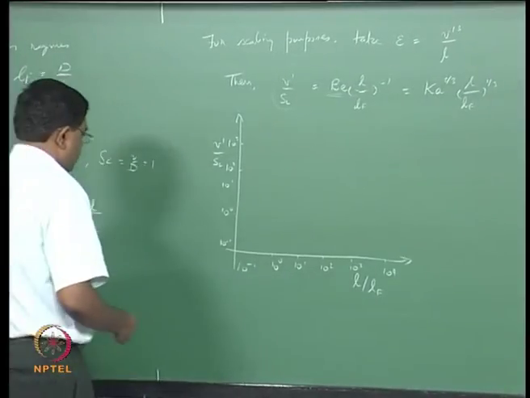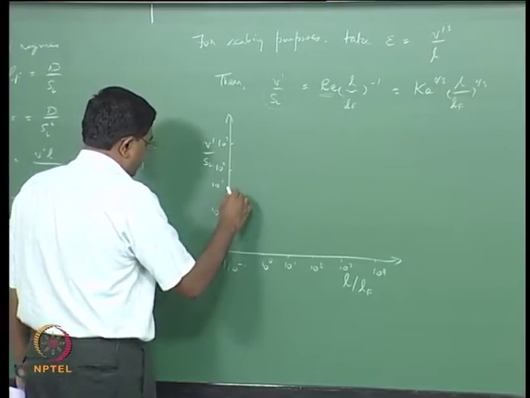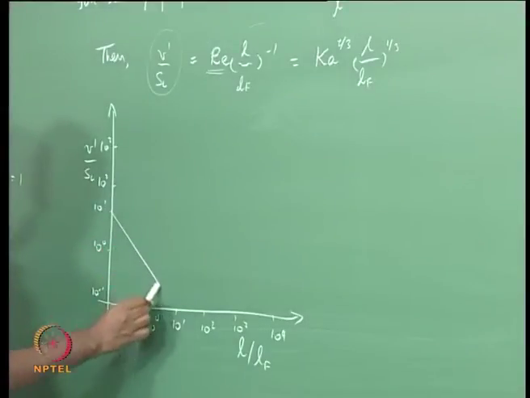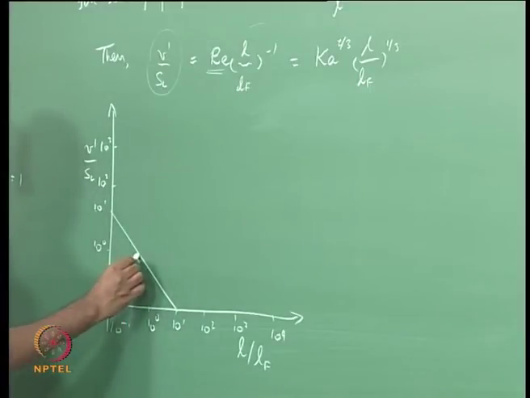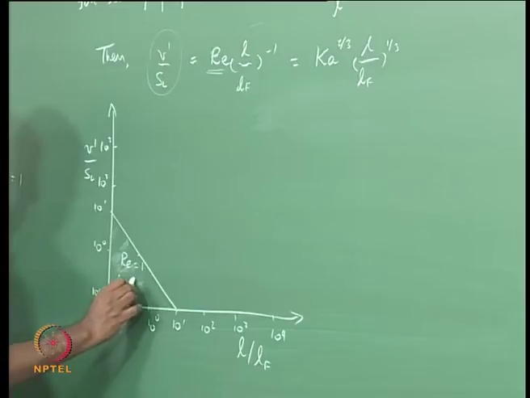Correspondingly, we expect that a constant Reynolds number of 1 line is going to be a straight line in the log-log plot, inclined downward, and for Re equals 1 this regime is what we call the laminar flame.